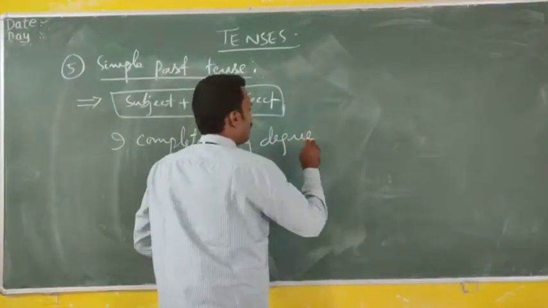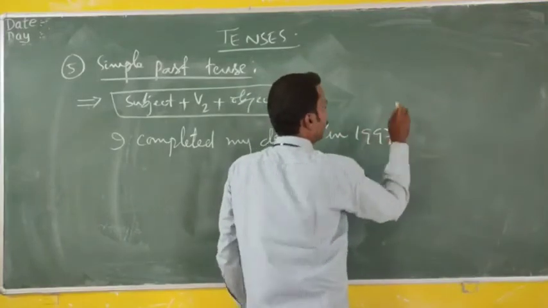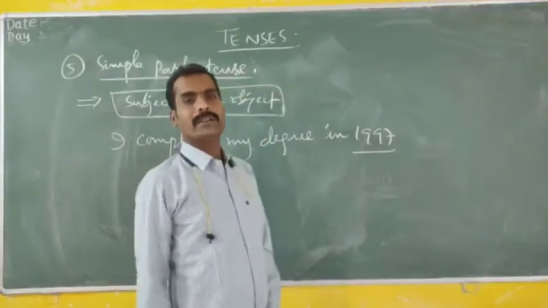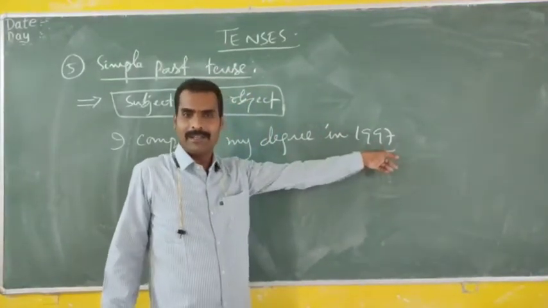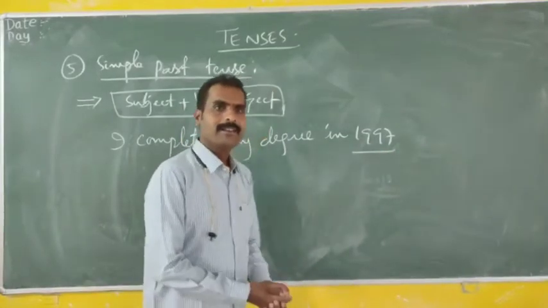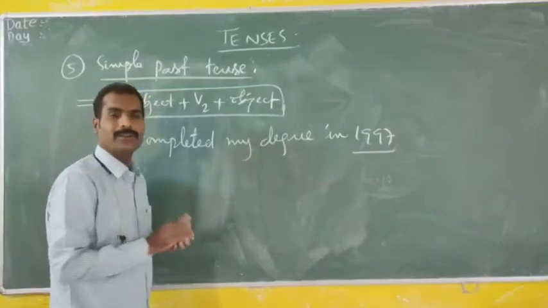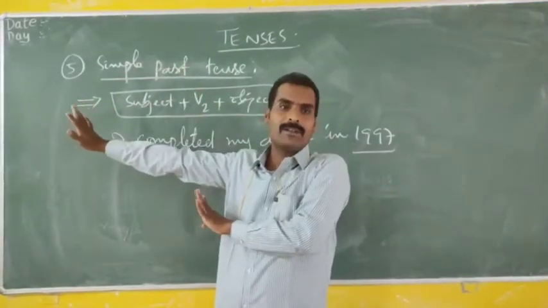I finished my degree in 1997. 1997 is a past year, so I completed my degree then. So here, it is to say I did a work long ago.